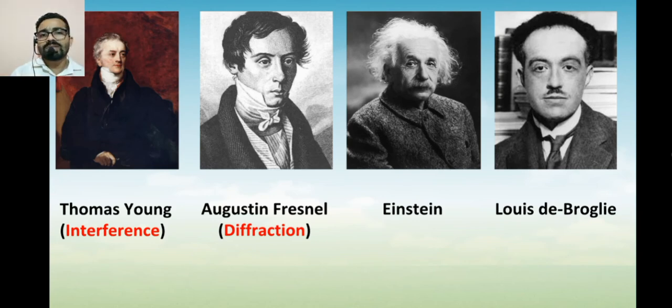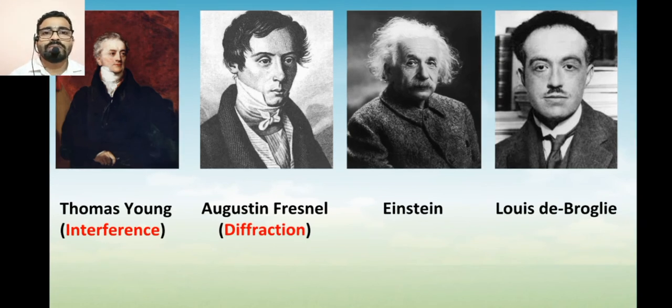The first scientist, Thomas Young, actually did one experiment, and that experiment is very famous, and it is called the interference experiment. And Augustin Fresnel, in the meantime, also did another experiment which is called diffraction. So these two experiments supported the wave theory of light, which supported Huygens' prediction. From the interference and diffraction experiments, they confirmed the existence of electromagnetic waves.